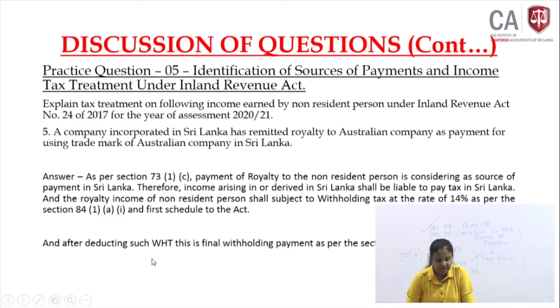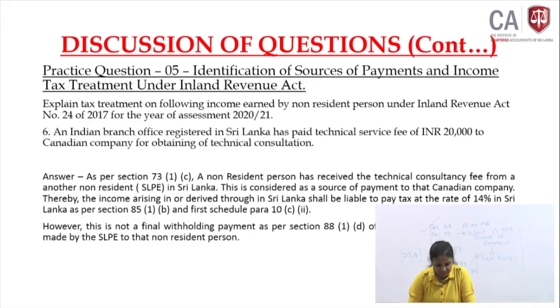And after deducting such withholding tax, it is a final withholding payment as per section 88 subsection 1d of the Act. For this royalty, this Australian company need not pay tax again in Sri Lanka. Okay. Then question 6, we will come to this.